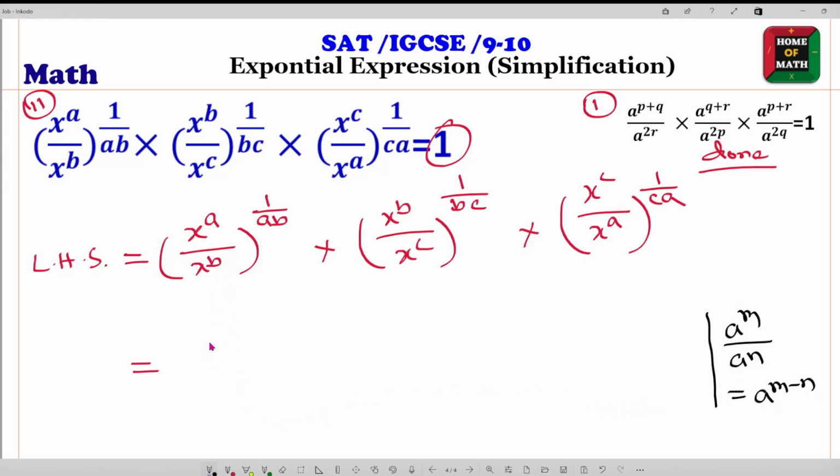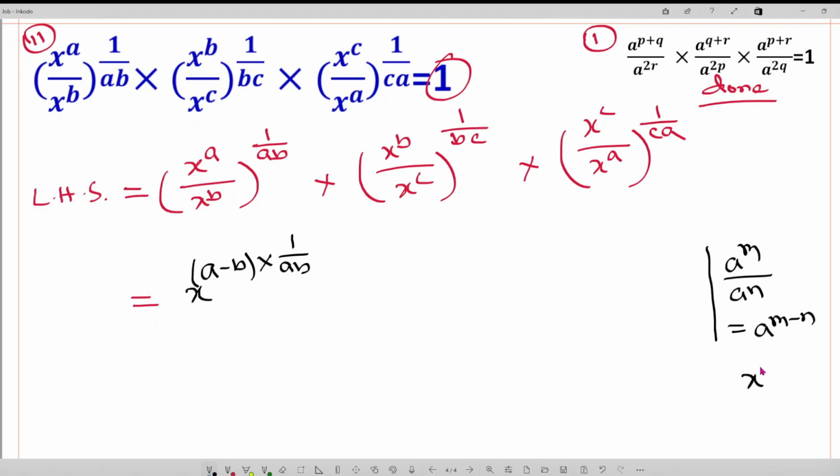So this one we can write x to the power a minus b, times 1 by ab. Why? Because we also know x to the power m whole to the power n equals x to the power mn.